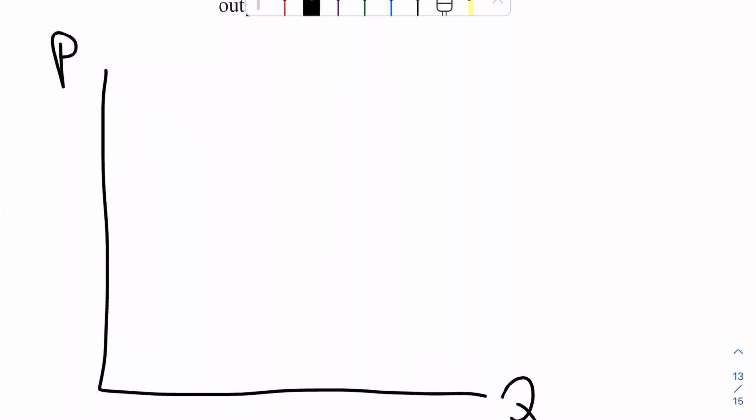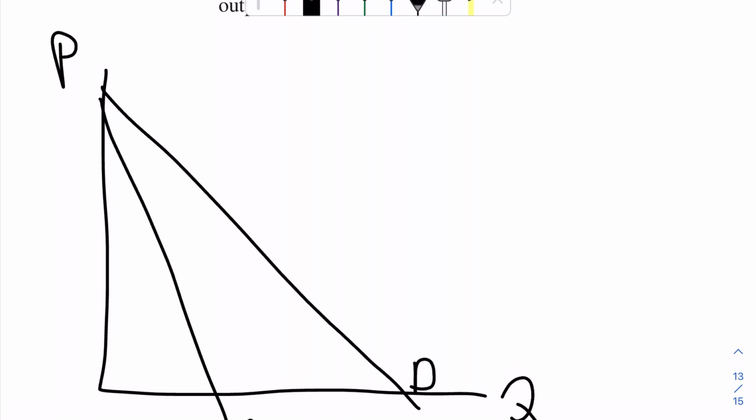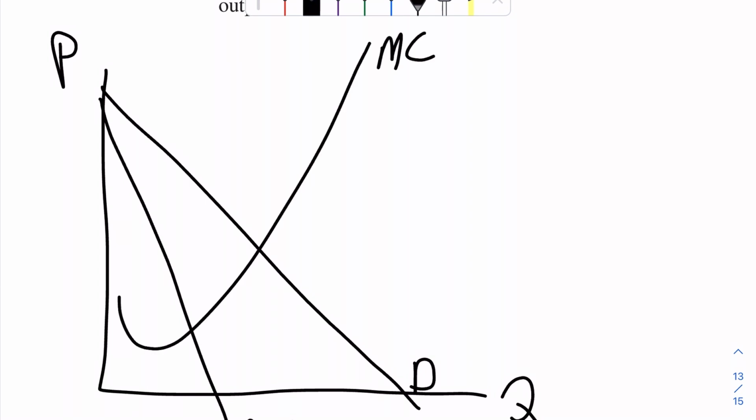When I say axes, I'm talking about price and quantity, and you need to put those there. We are now going to be drawing our demand curve and our marginal revenue curve. The next thing we need is our marginal cost. If you are still struggling with drawing a monopoly graph, please review the micrographs slides.